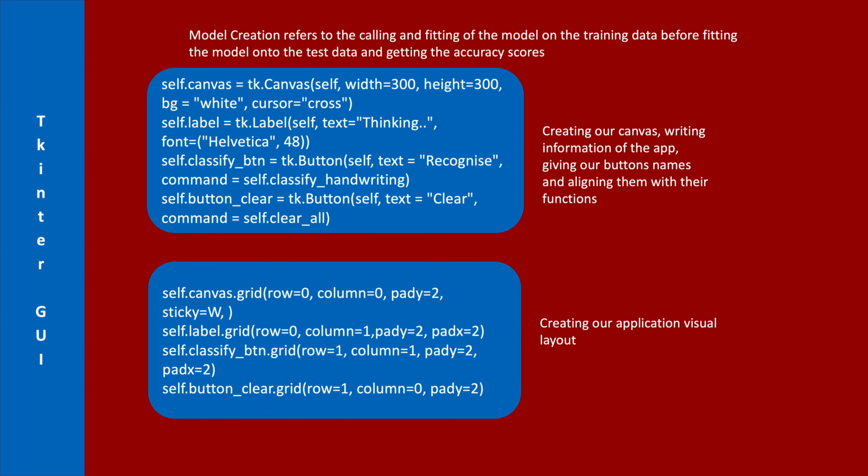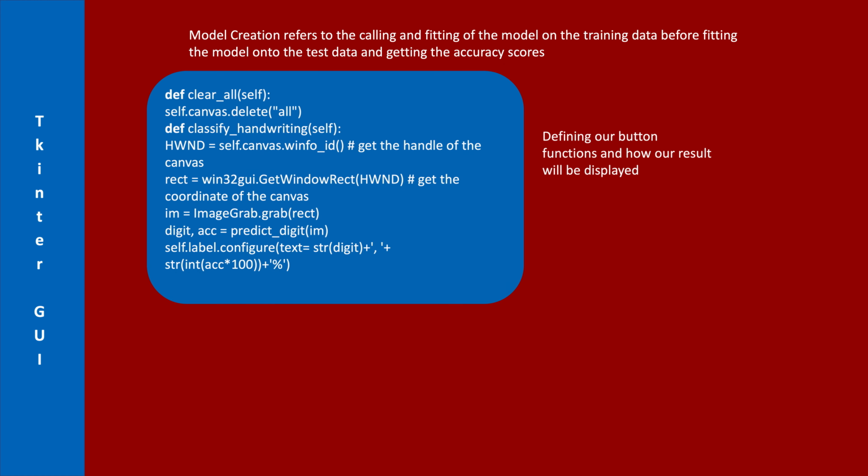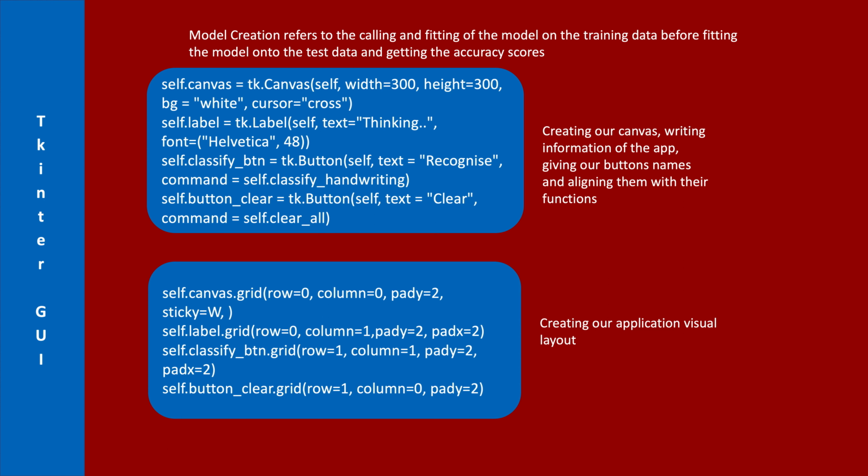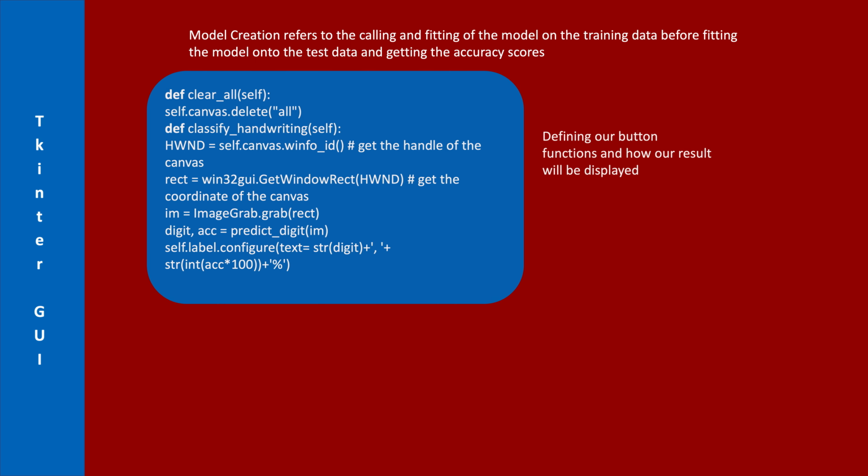Here we are simply splitting our application window into 4 subsections. Here we are defining what our application will do if it is told. You can see here, if the clear button is clicked, self.clear underscore all. So the clear underscore all function we are defining over here. It will simply delete everything on the canvas.